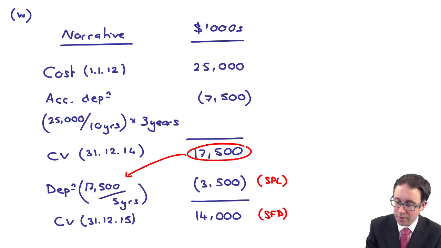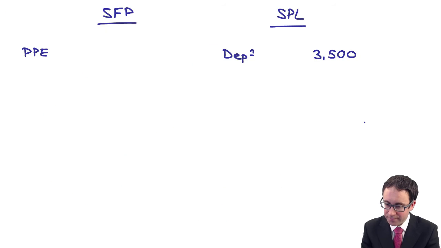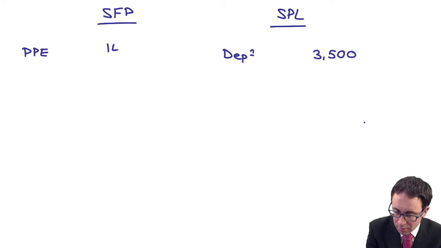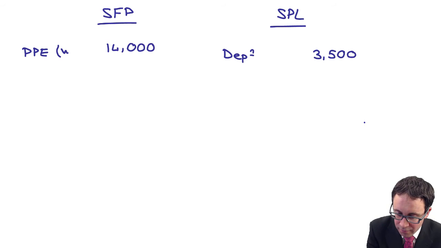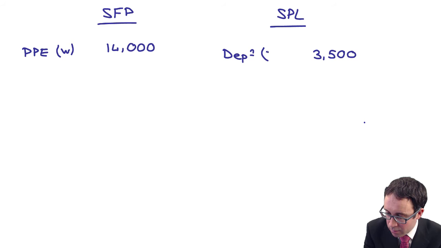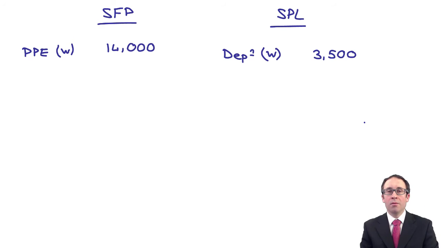There we go. So 14,000 appears on our SFP. There we go. And again, if you so wish, we can reference those in, can't we, to our workings. Okay. Brilliant. There we go.